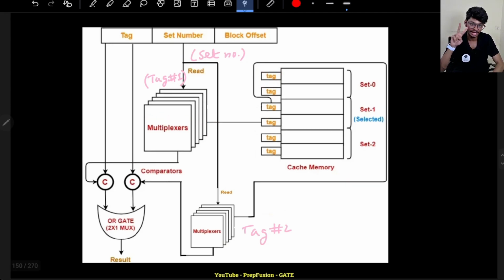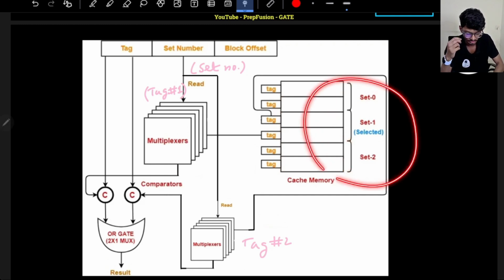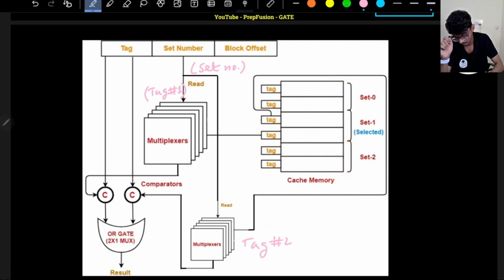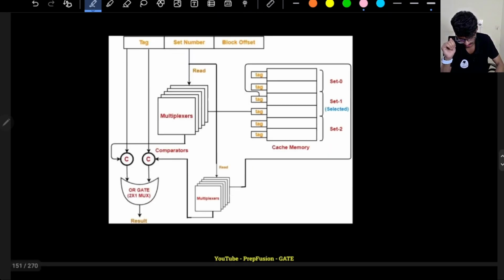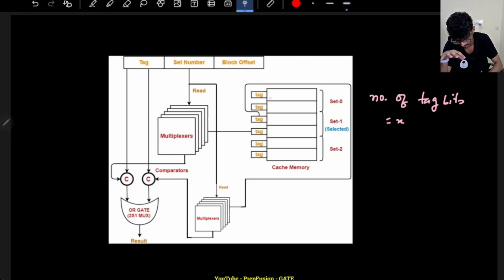So let's say your tag is 2 bits, so you will require 2 into the number of sets you have. You have sets 0, 1, 2, right? So how many bits can you represent in 2 bits? You can represent 0, 1, 2. So in this example, what will be the number of muxes? Number of tag bits in this case, I don't know, let's assume it x, because here they have not mentioned the number of tag bits.